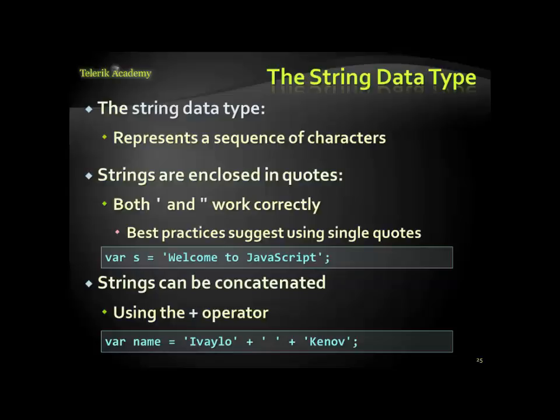Sometimes if you want to put a double quote and you want to make your life easy, you wrap the string in a single quote and vice versa. JavaScript doesn't care. Concatenating strings is also a very easy thing to do. It's very difficult to see the bottom of the screen, but you just use the plus sign and you can concatenate strings into one longer string.